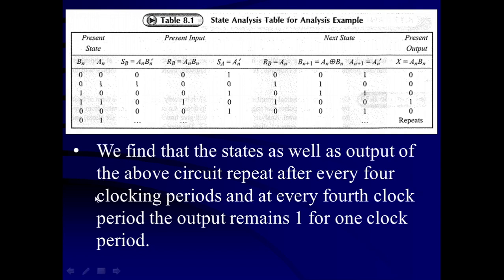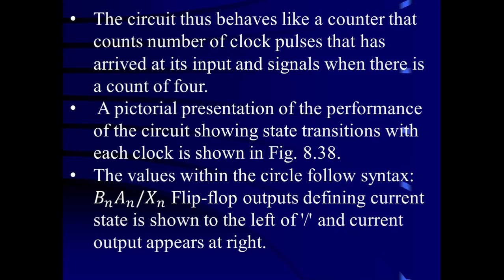We find that the state as well as the output of the above circuit repeat after every 4 clocking periods, and every 4th clock period the output remains high for 1 clock period. Thus the circuit behaves like a counter that counts the number of clock pulses that has arrived at its inputs and signals out when there is a count of 4.